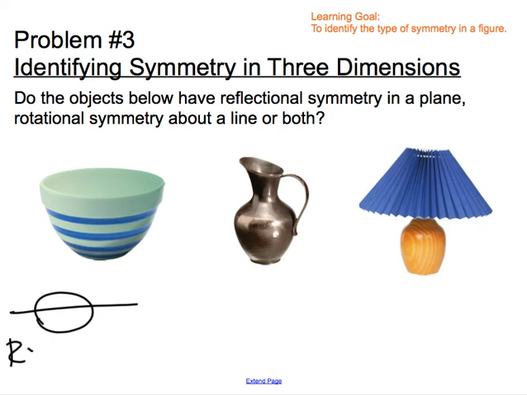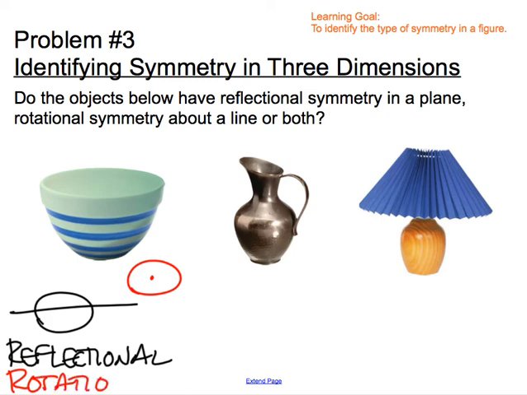So this certainly has reflectional symmetry. In addition to that, if we take the bowl and draw a line through the exact center, any angle of rotation of a circular object is going to give us rotational symmetry. So this bowl has both reflectional and rotational.